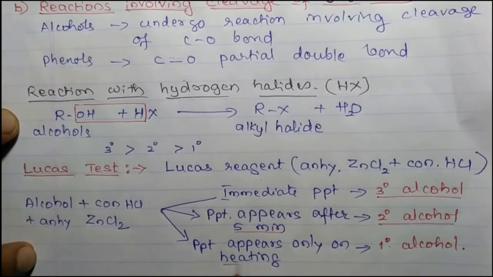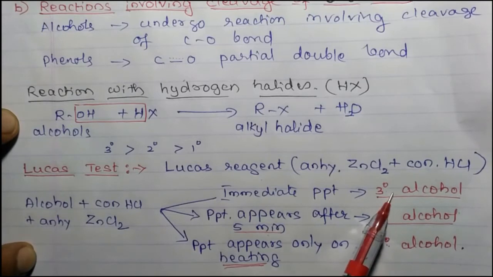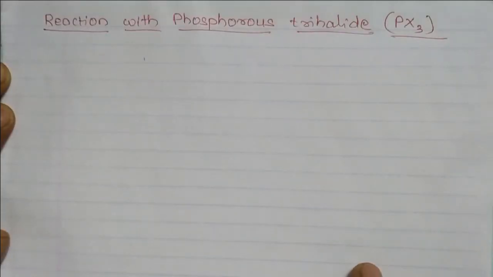If it appears only on heating, it is primary. In this way we can distinguish them by using the Lucas test.